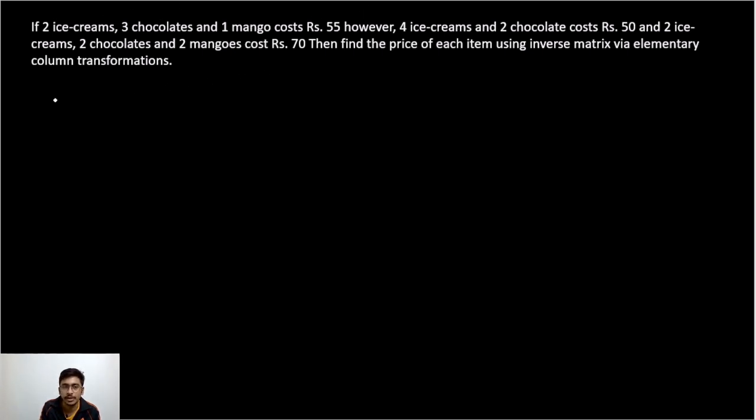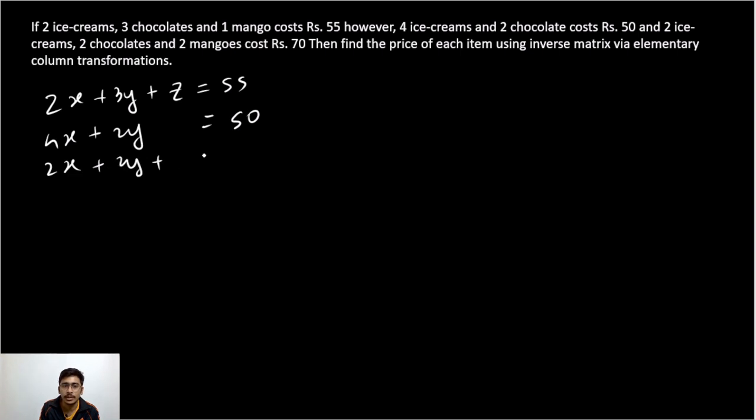Cost rupees 55. So I can say 2x plus 3y plus z is equal to 55. The next equation is 4x plus 2y equals 50 and 2x plus 2y plus 2z equals 70. So these are the equations that we have.